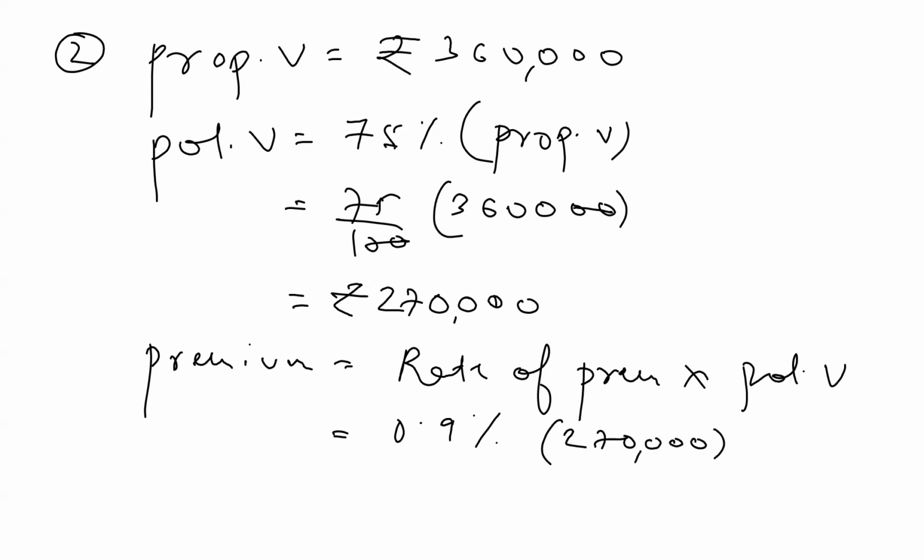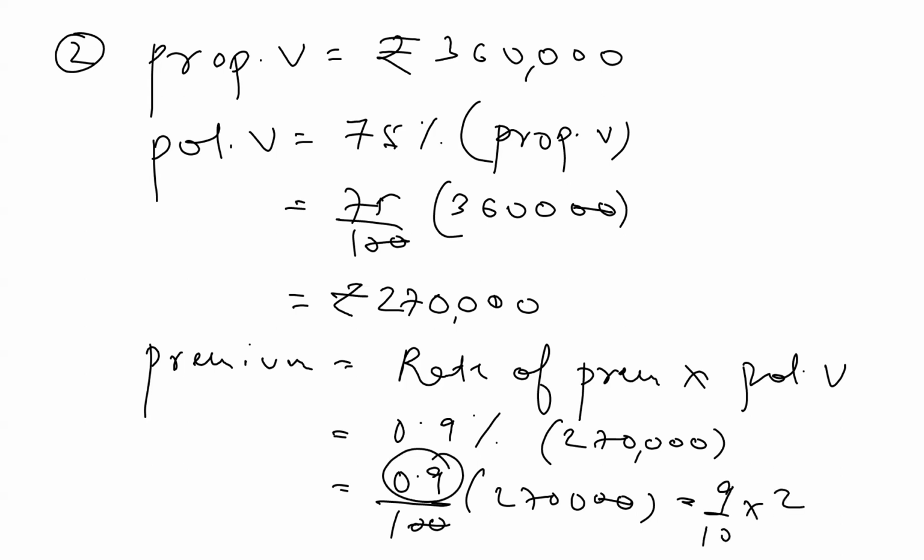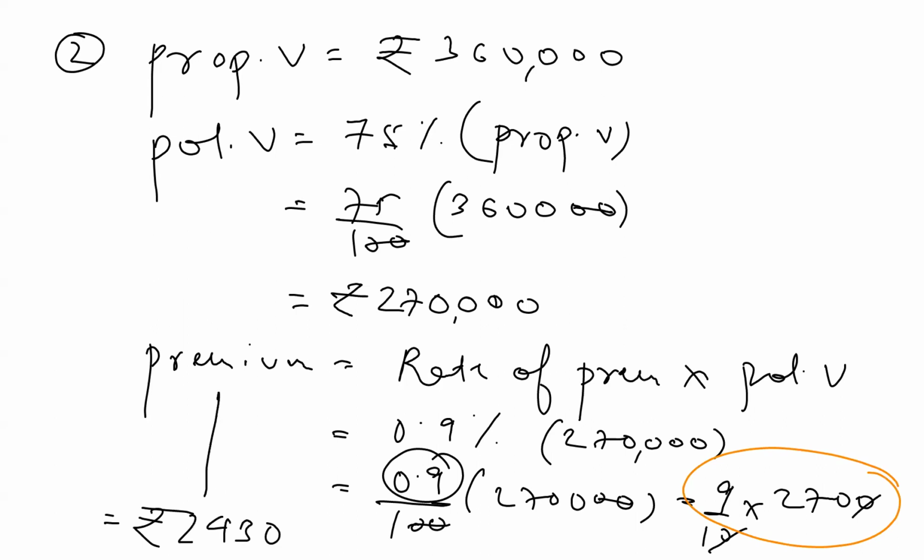So this is 0.9 into 2,70,000. Zeros are getting cancelled. Then 0.9 can be written as 9 upon 10 into 2,700. So cancel the zeros over here. So if you calculate this, the answer will be 2430. Okay. So we got the premium as 2430.